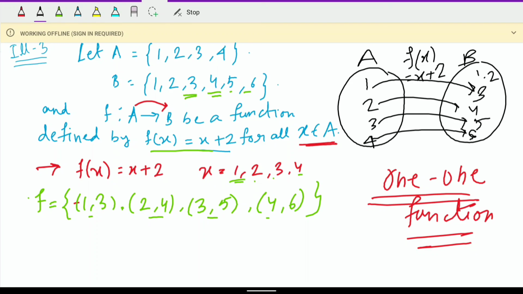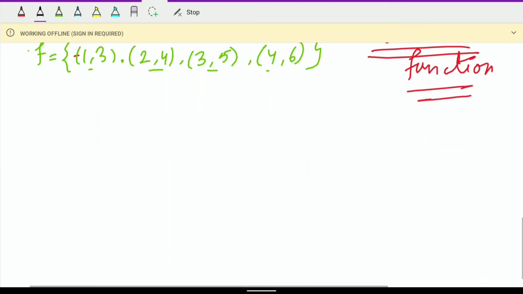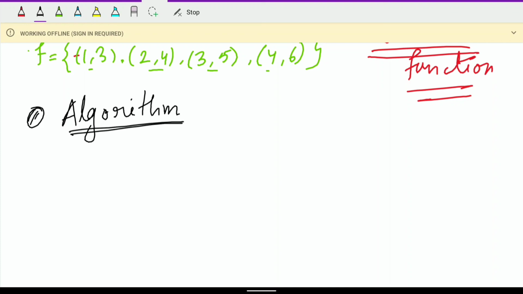And okay, now our next step is the algorithm.